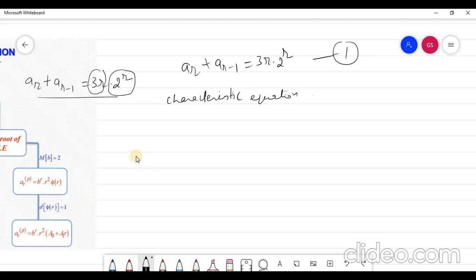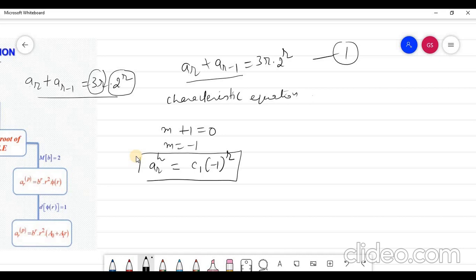When we have to find the characteristic equation, suppose we use a variable m: m + 1 = 0. So here m = -1. So what will be the homogeneous solution? a_r^(h) = C1 * (-1)^r. So this will be the homogeneous solution.